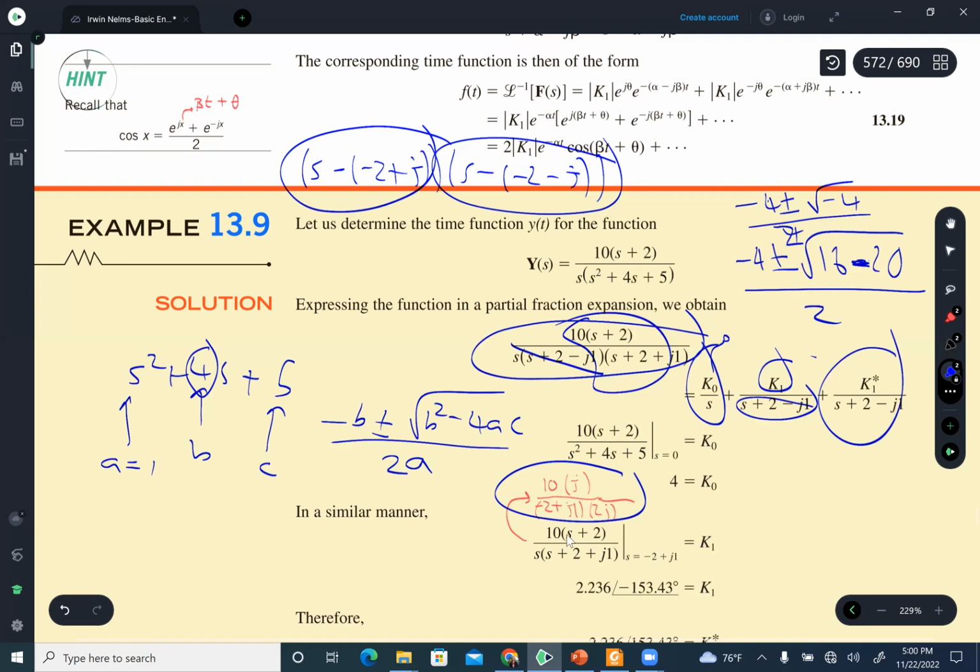I mean, let's do that. 10 times S plus 2. So let's set S to be minus 2 plus J, right?